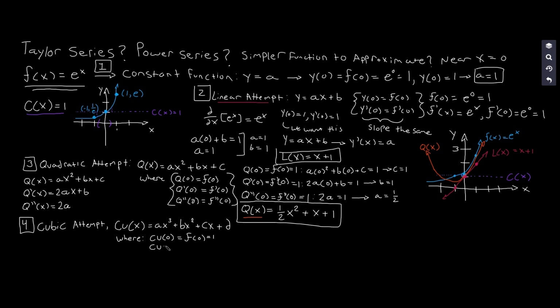And Cu prime of 0 equals f prime of 0 equals 1. Cu double prime of 0 equals f double prime of 0 equals 1. Cu triple prime of 0 equals f triple prime of 0 equals 1.